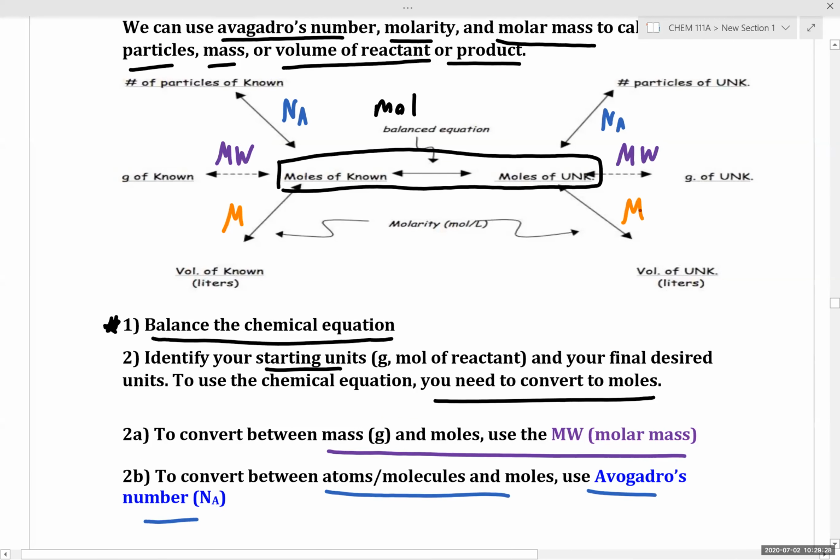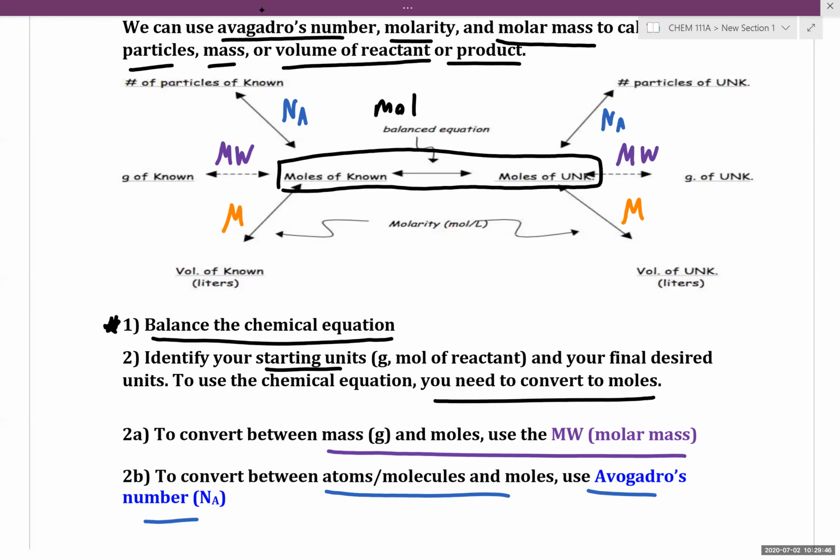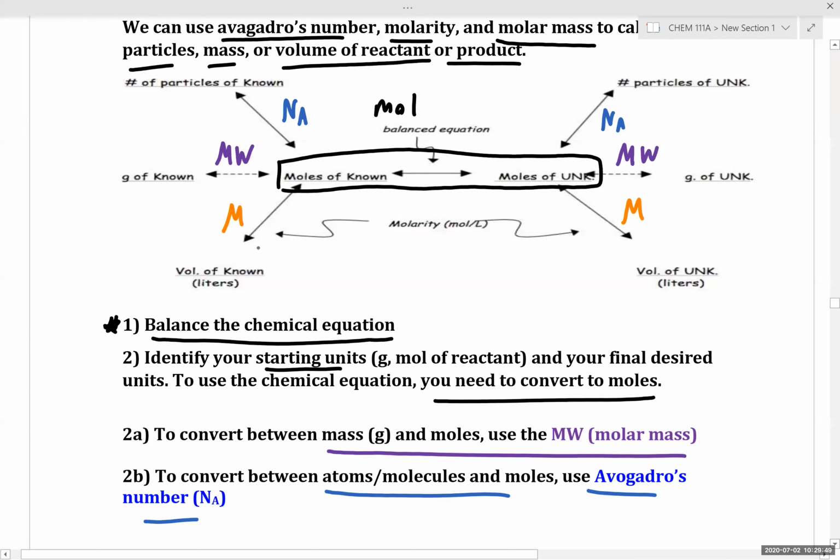We can relate the moles of a chemical species to the volume of solution containing that chemical species using molarity. So as you can see, this chapter really presents an opportunity to use all the different conversion factors that we've talked about throughout this course in order to calculate, starting with a certain quantity of material, how much product do we make, and how much other material is required for a complete reaction. So this is really powerful stuff.